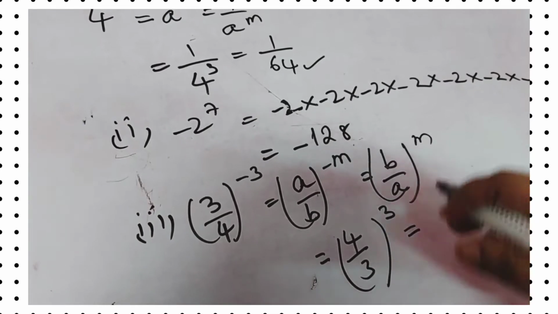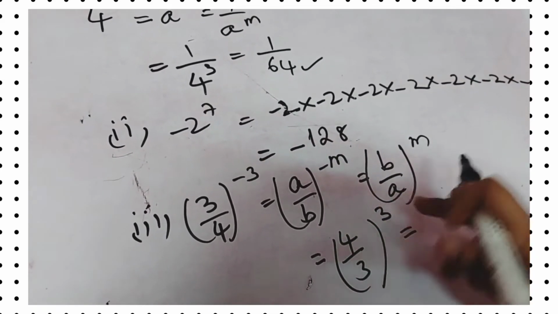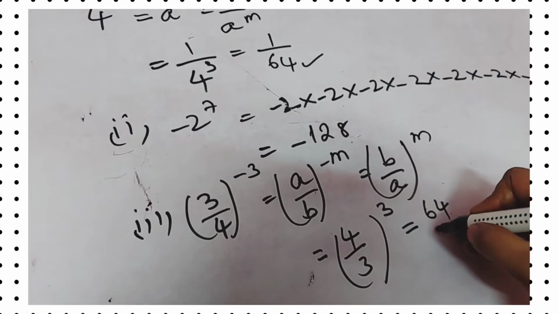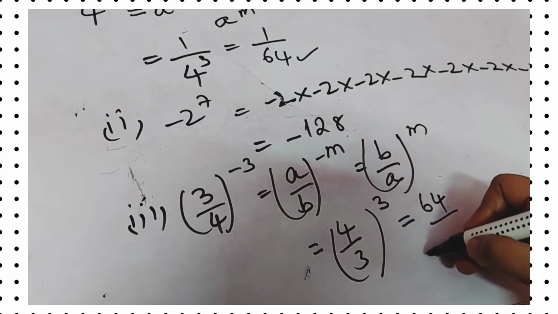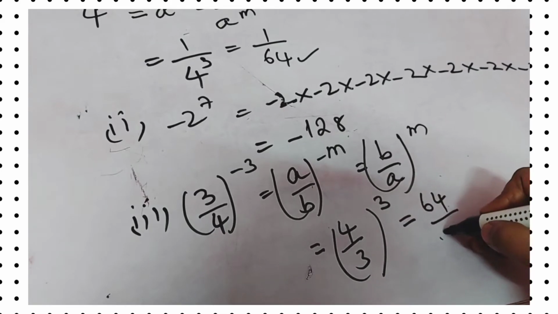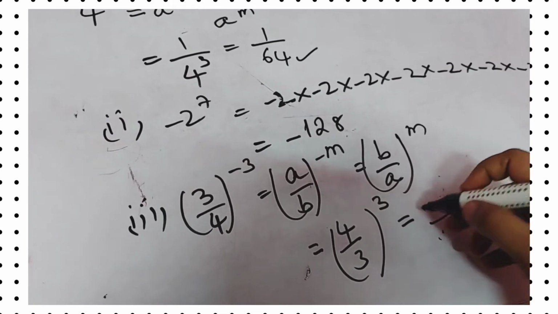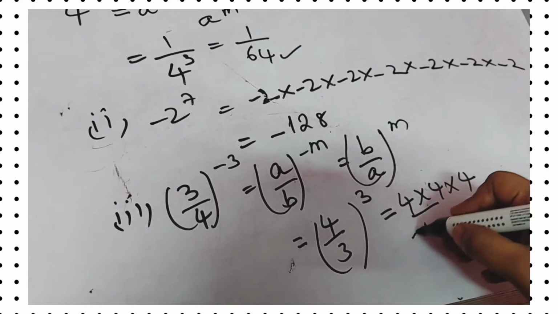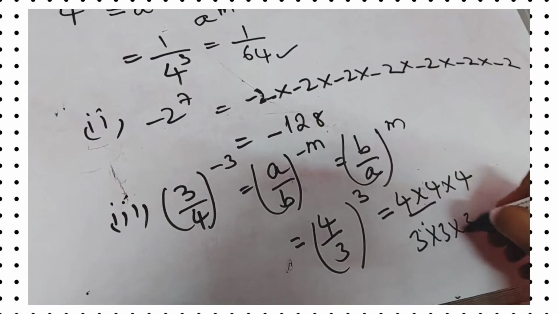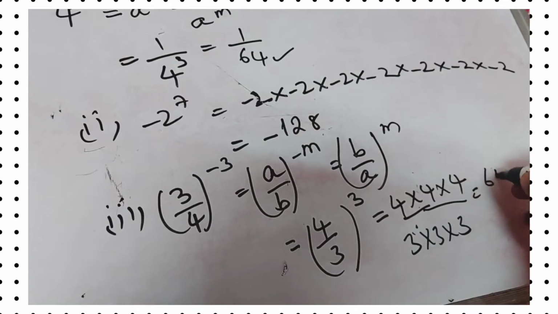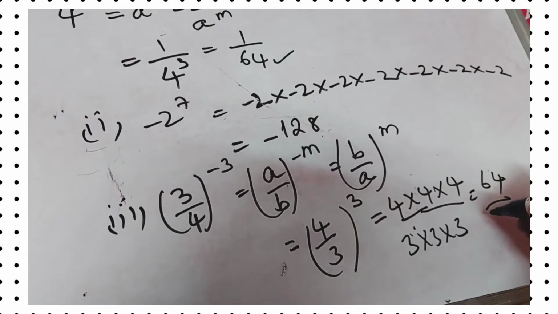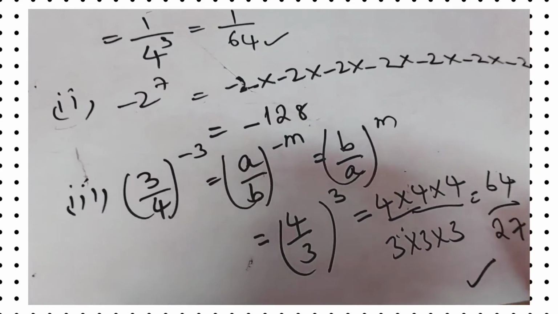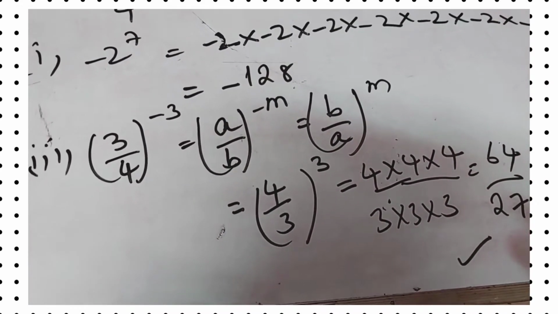So now 4 4s are 16, 16 4s are 64 by 3 3s are 9, 9 3s are 27. Okay, so we'll write like this in detail. These 3 we'll write 3 times. It is 64, 3 3s are 9, 9 3s are 27. So this is the answer here, 64 by 27.